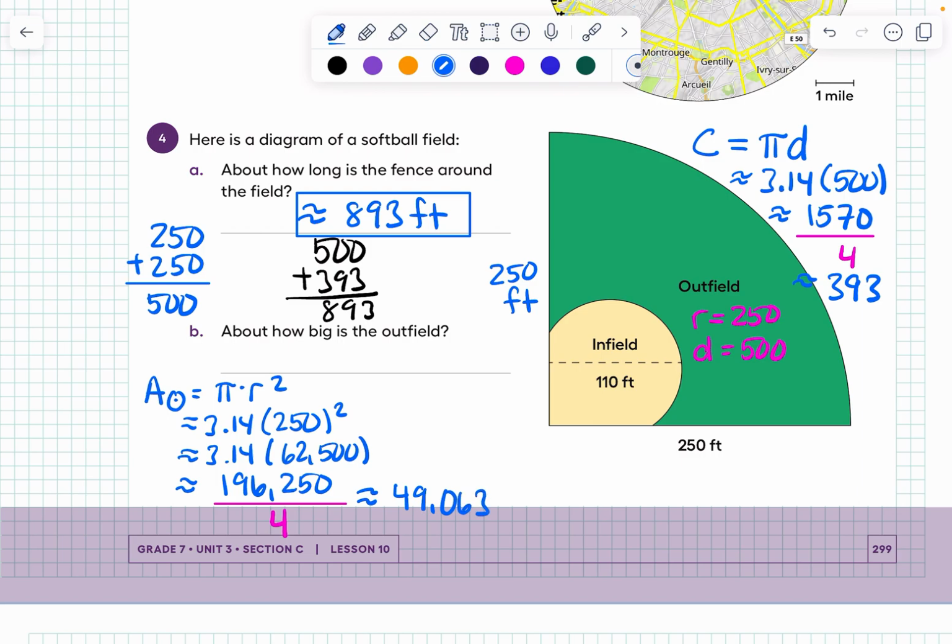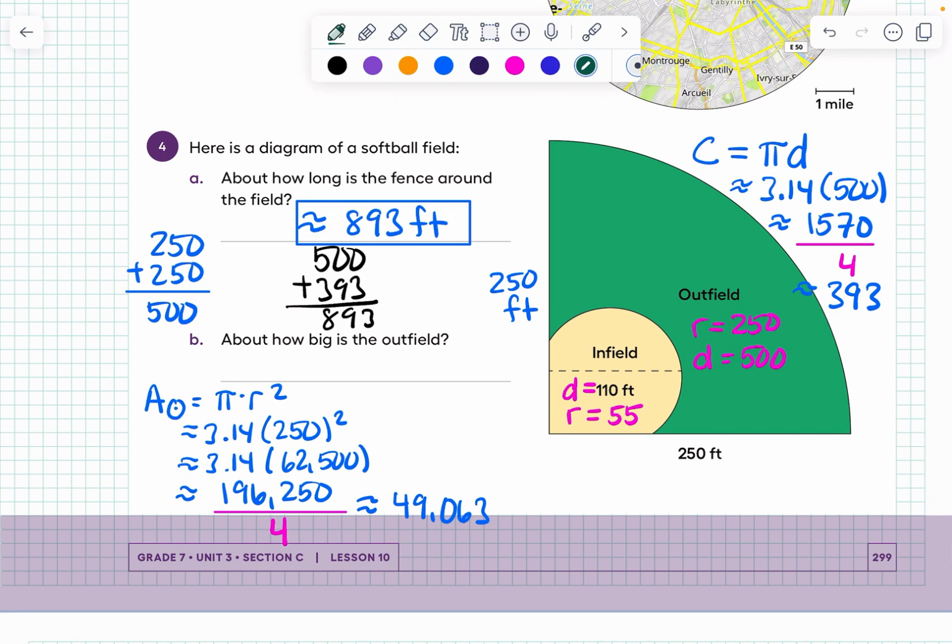Now we need to find the area of the infield. Now this diameter would be 110. So if the diameter is 110, that means the radius would be 55, okay? So I'm going to have to write a little bit smaller. I'm going to write in a different color too. So I have area of my infield is equal to pi times r squared.